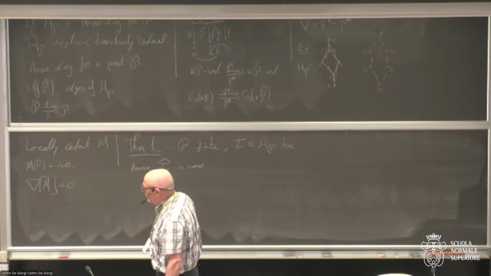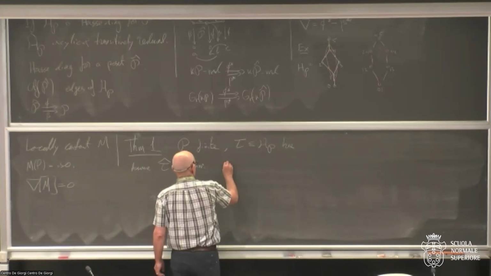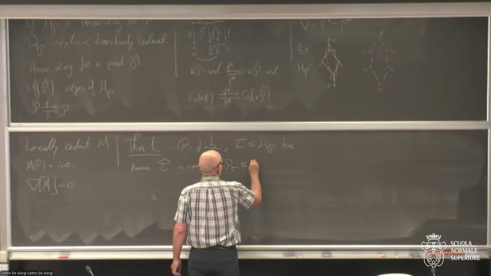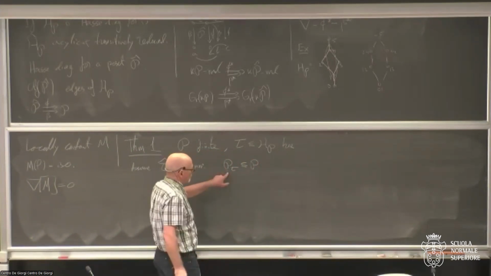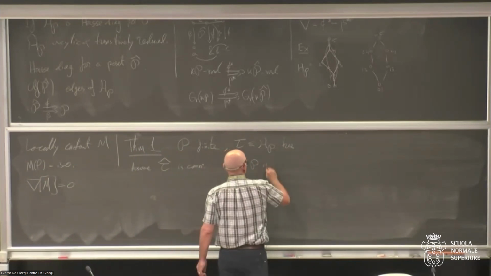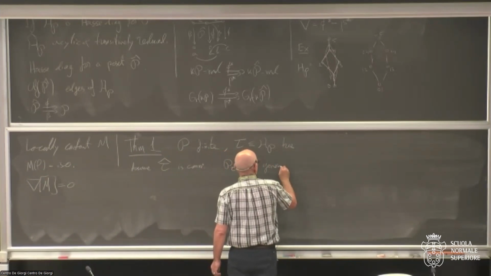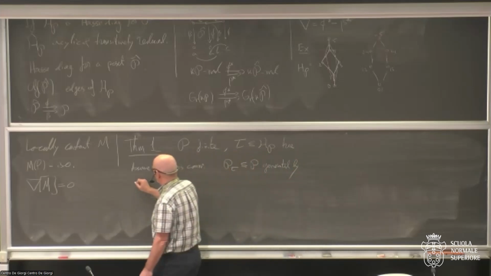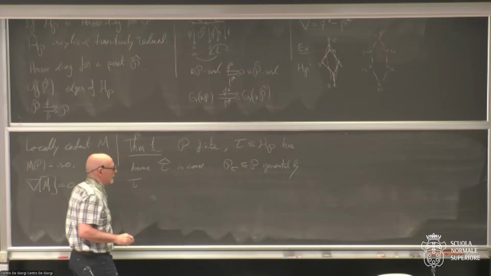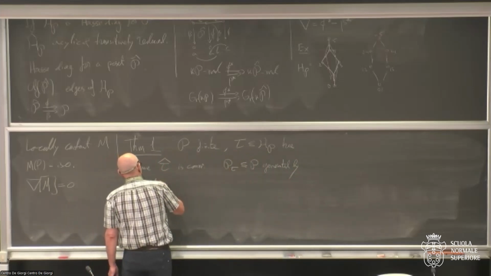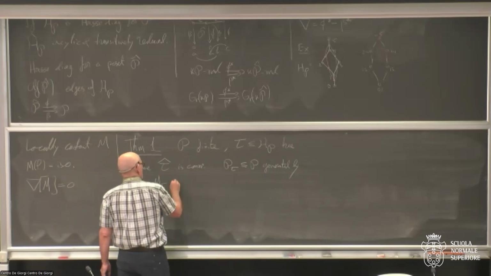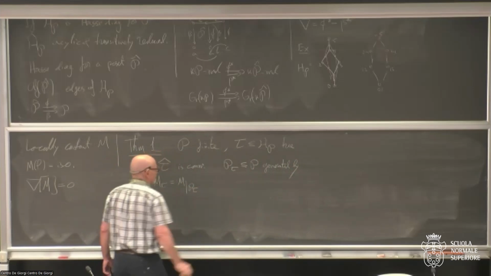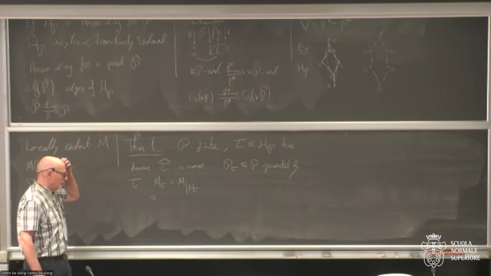And now I can look at the sub-poset of P, P_T, which is generated by T. I can look at M_T, which is M restricted to P_T, okay?